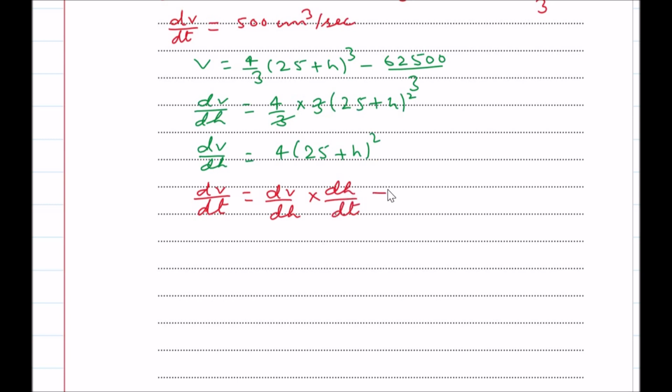So let us make this the subject. So dh by dt is equal to, this goes to this side and it divides. So dv by dt divided by dv by dh. I hope it makes sense.